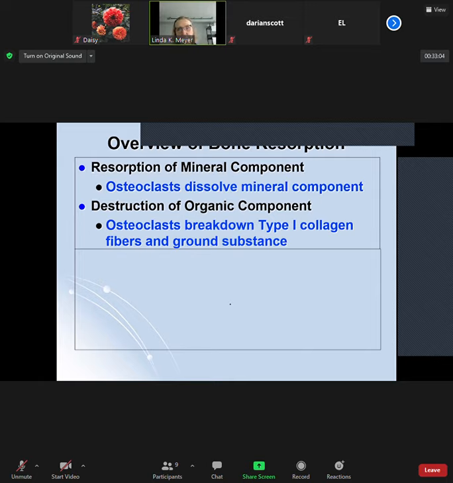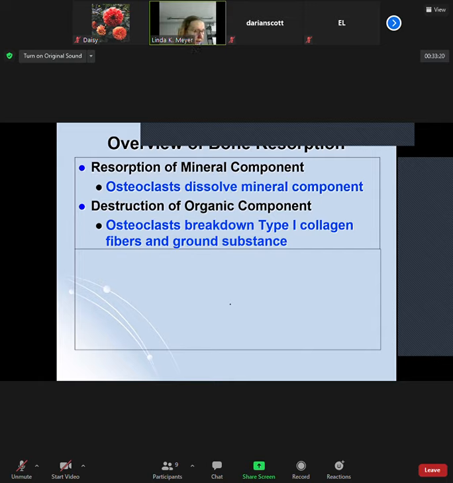So it's kind of going to be the opposite. First, the mineral is dissolved out, and then the organic is dissolved out. Okay, and all that's the two-step resorption process for bone.